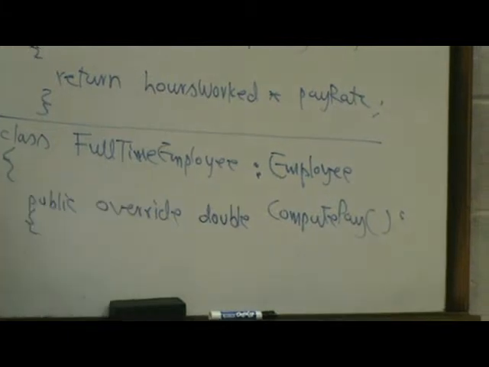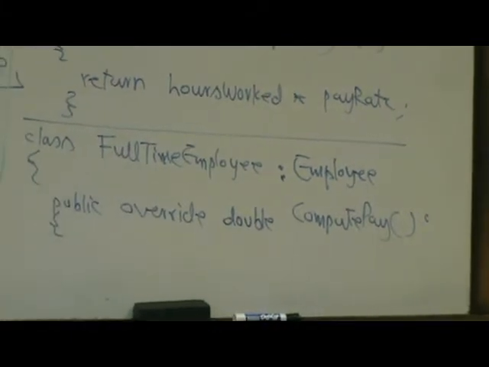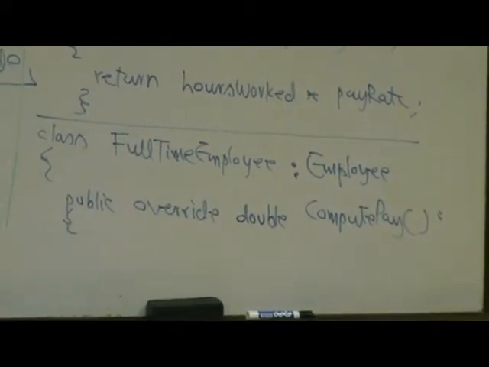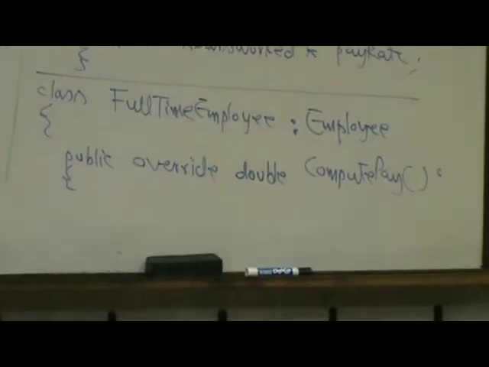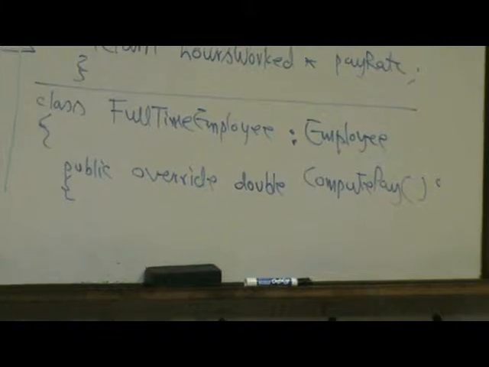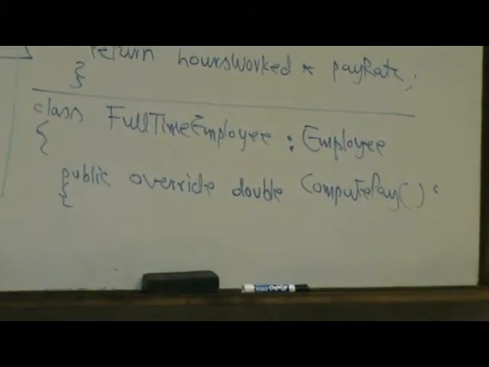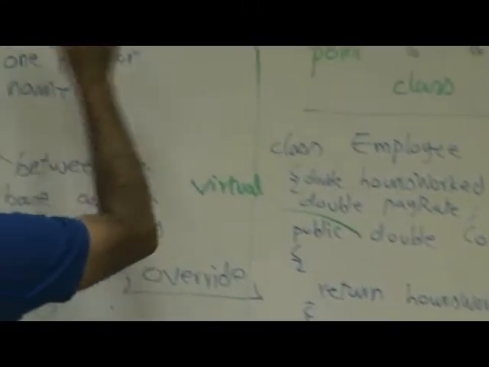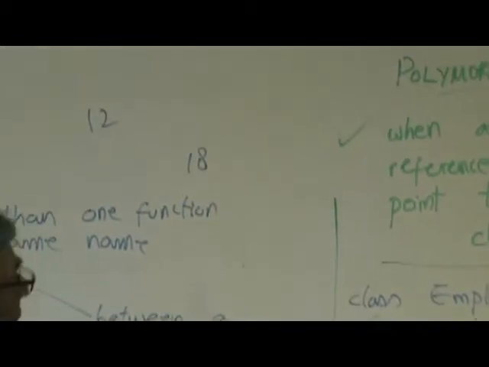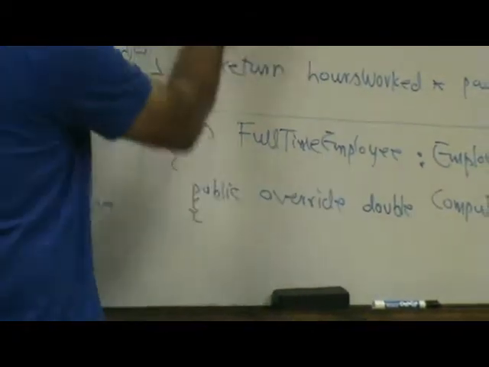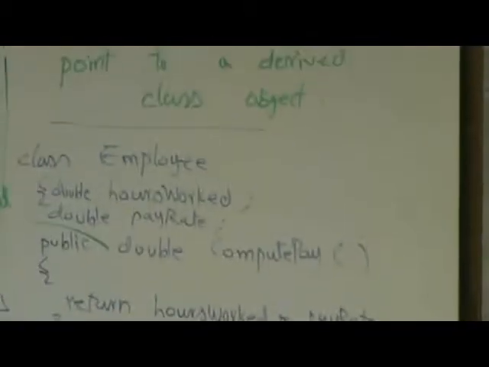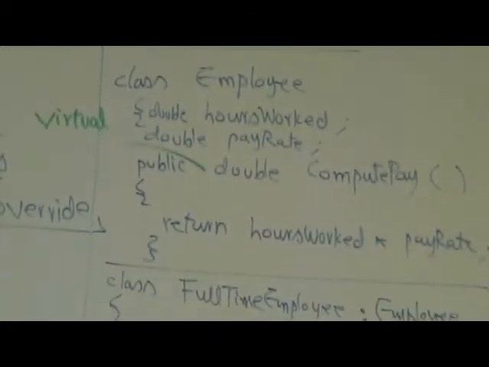So let's pretend what we wanted to do is if somebody works more than 40 hours, they will be paid 1.5 times the hourly rate. So if your hourly rate is 12, you will be paid $18 per hour if you work overtime. So that's the benefit of a full-time employee. Think of this as a regular employee. They do not get any overtime over here.